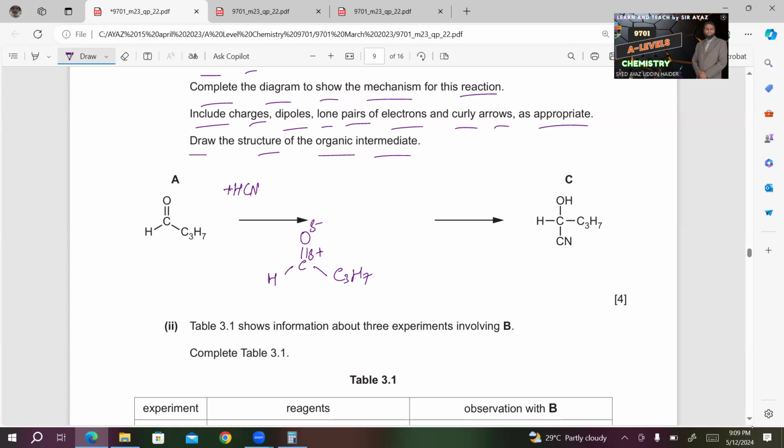Due to this, CN, cyanide ion, which is electron rich, is a nucleophile. It will attack the carbon, and this will make one of the bonds between carbon and oxygen move towards oxygen.